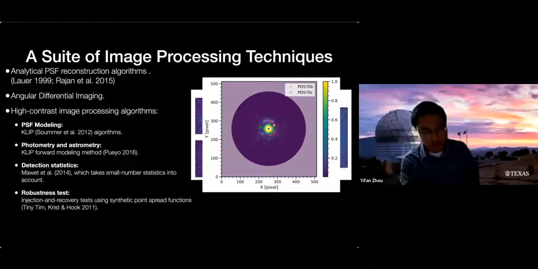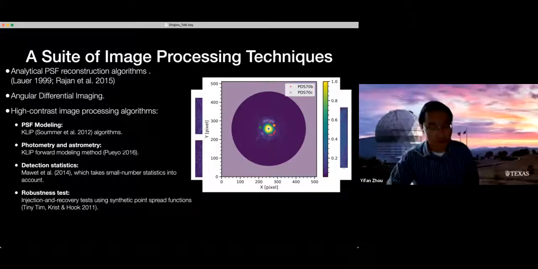We also adopted a suite of very well-developed and well-tested methods that are used in ground-based AO observation in our space-based observation, including the KLIP algorithm, which gives us the most optimized linear combination of the PSF images for the primary PSF subtraction.